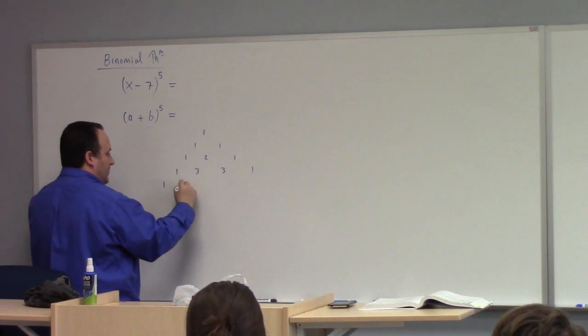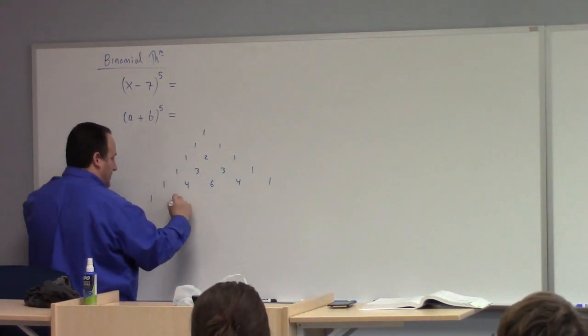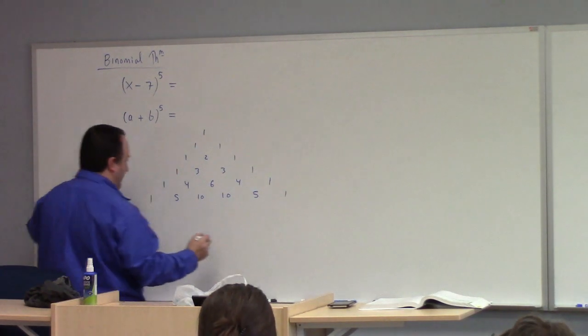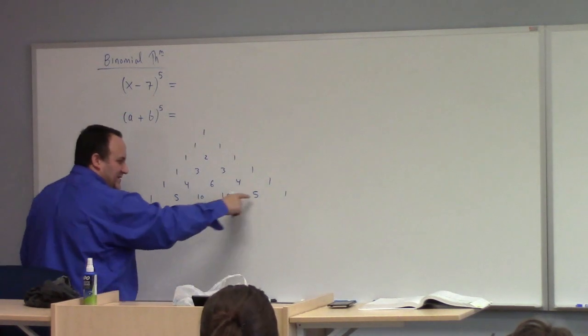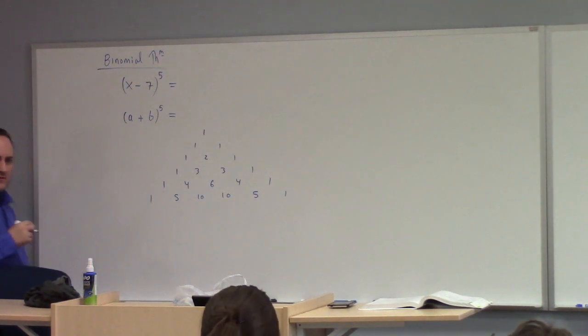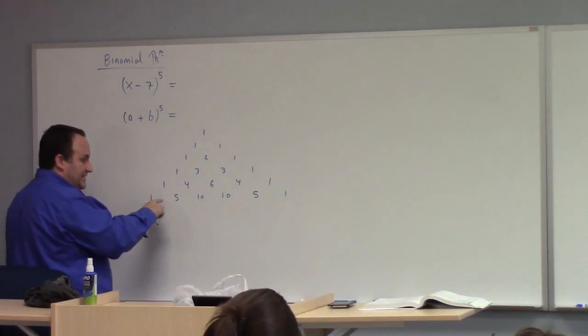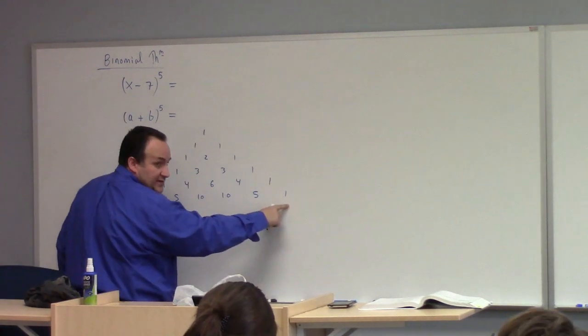There is a formula for this as well, but we don't necessarily need it for this class. There is a formula you might learn in a probability class. Anyway, these are the coefficients you need for the expansion.